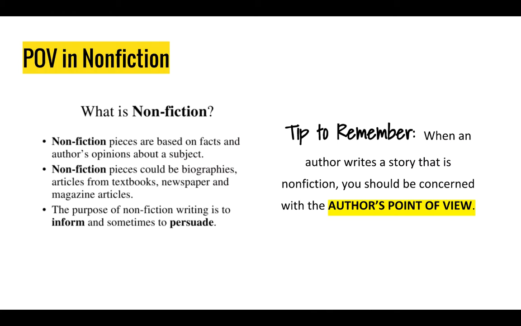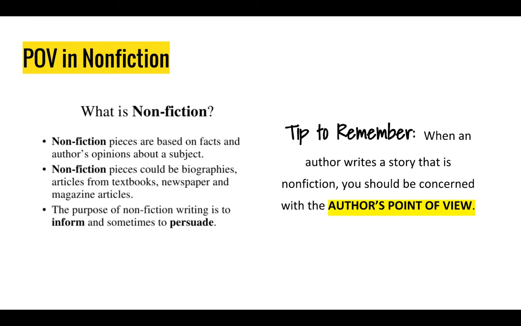All right, the next thing that we need to talk about is nonfiction. When we're reading nonfiction, which is just articles, they're going to be factual, informational articles that are 100% real, 100% facts. What we're looking for in those types of articles is the author's point of view. So how the author views the story, what they're writing about, the topic.